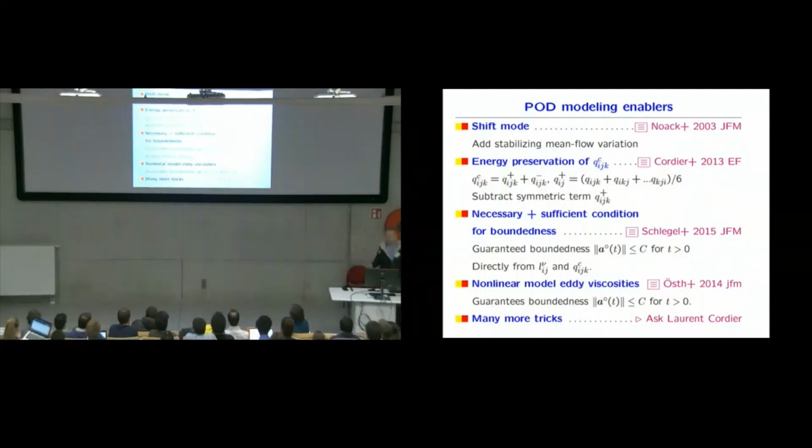Another point, we can also play with a nonlinear model eddy viscosity, which I will introduce later, and under some conditions it also guarantees boundedness. And if you want to know any more tricks, there's an expert in the front row. There are many more tricks which could be useful.